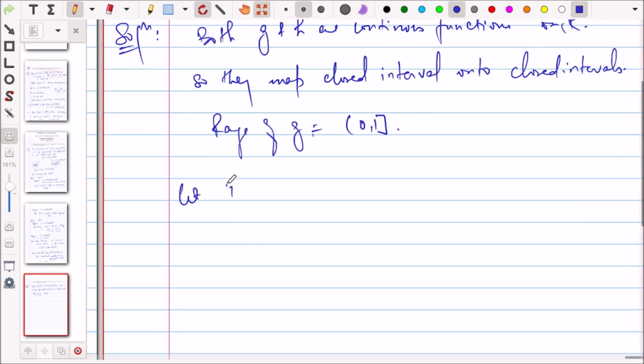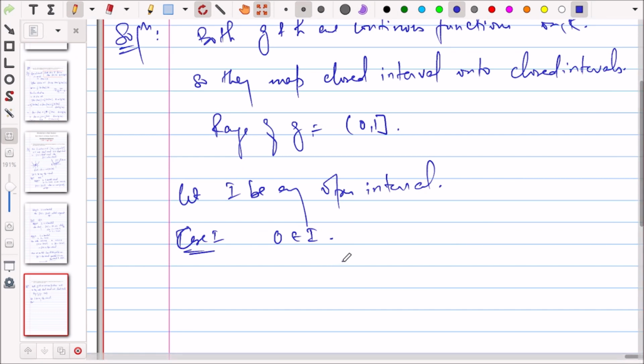So let I be any open interval. Case 1: 0 belongs to I. Then sub case 1: I is finite.